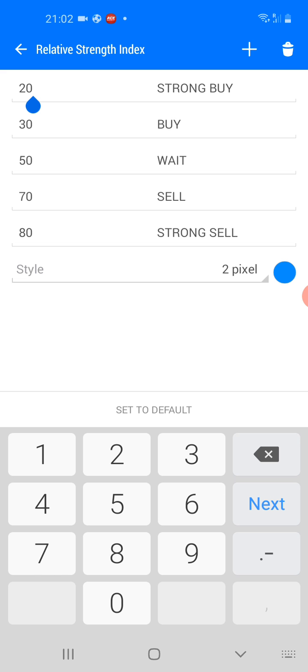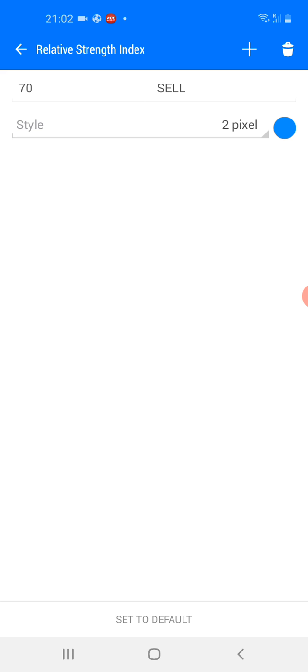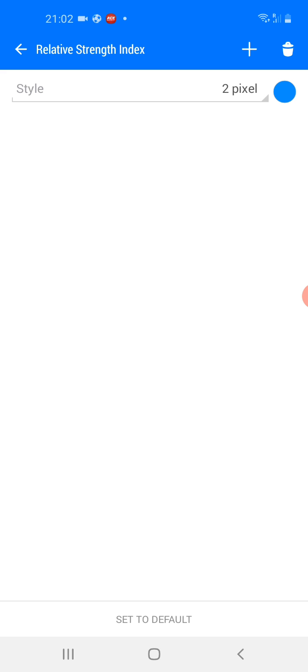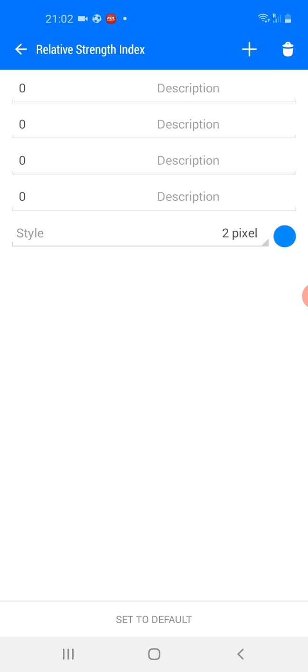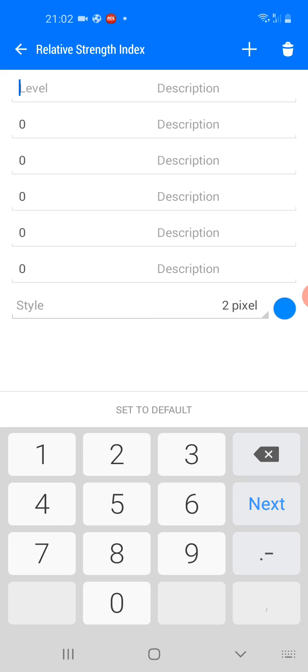Okay, let me first of all delete all of them, maybe for clearer purposes. It has been deleted. So here, let's apply it once again. You can see it is 20. The numbers you can type in sequential order or any form, but once you apply it in the chart, it will arrange itself in sequential order.